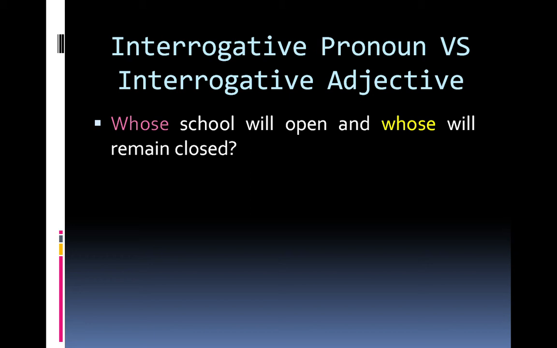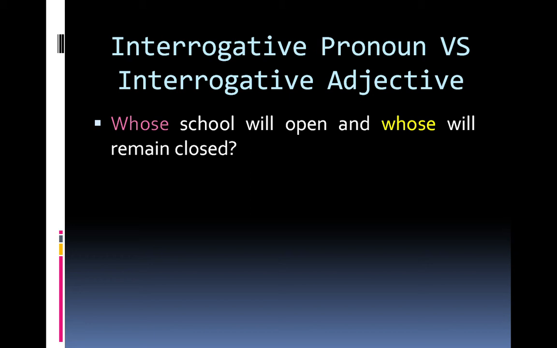Whose school? It's not showing the possession of this noun. It's asking a question about the possession of this noun, but the function or the role is the same. It's modifying this noun, school. So it's also possible to call whose an interrogative adjective in this phrase, whose school, because of its function. It's also a noun modifier.